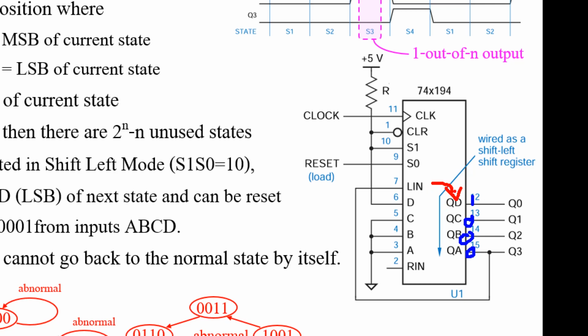From L in to QD, QD to QC, QC to QB, QB to QA. Basically, this bit shifts to this position, this bit shifts to this position. That means you can copy these 3 bits and shift down 1 bit, 1, 0, 0, okay? And this bit is from L in.